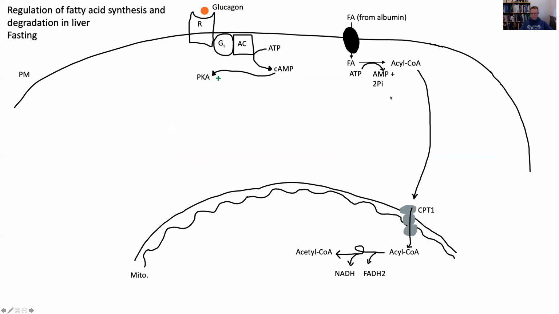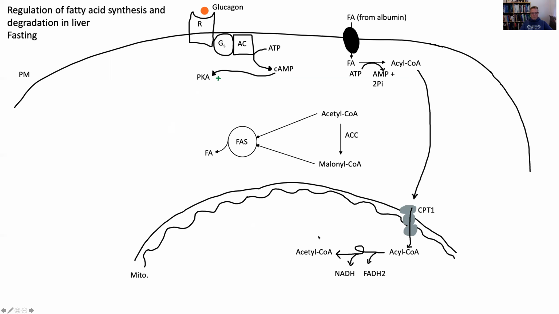The acyl-CoA esters will enter the mitochondria, as we have seen a couple of times now, for instance, in myocytes and in hepatocytes, via the carnitine shuttle system. In the mitochondria, the acyl-CoA esters, or the activated fatty acids, will be degraded to acetyl-CoA by beta oxidation, which also will produce FADH2 and NADH.